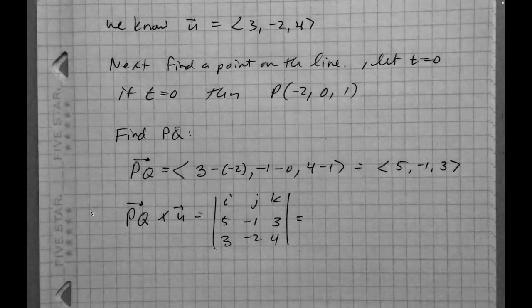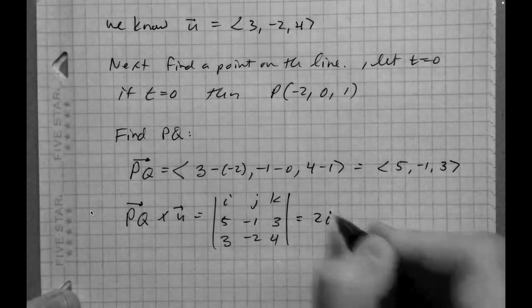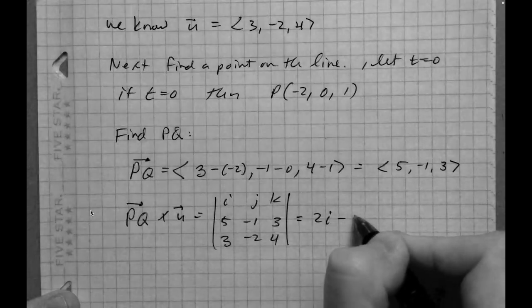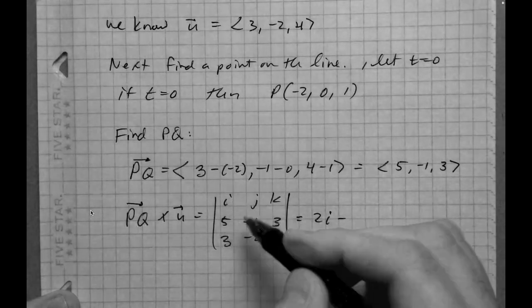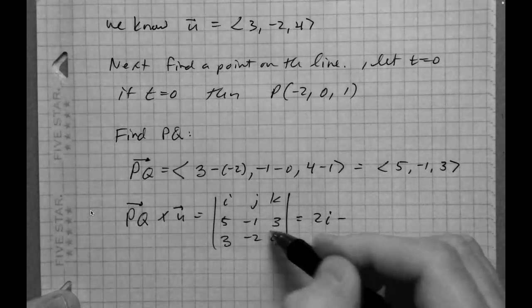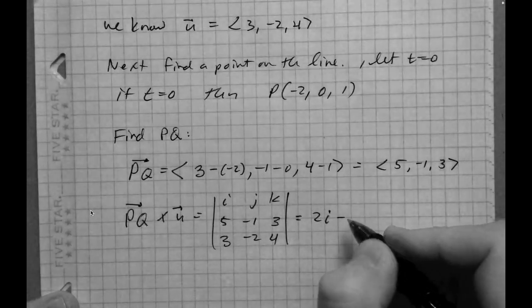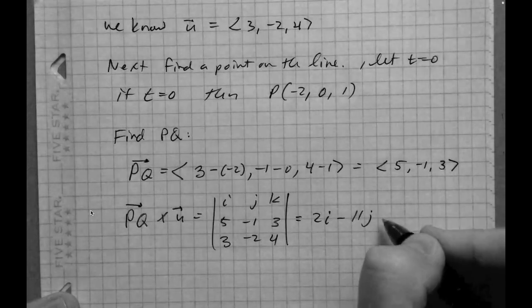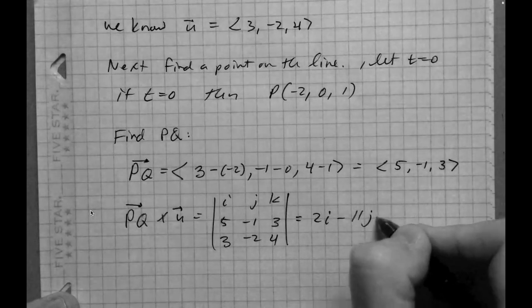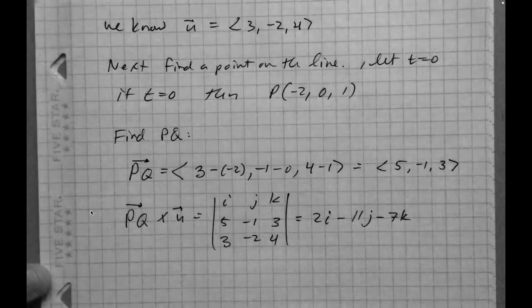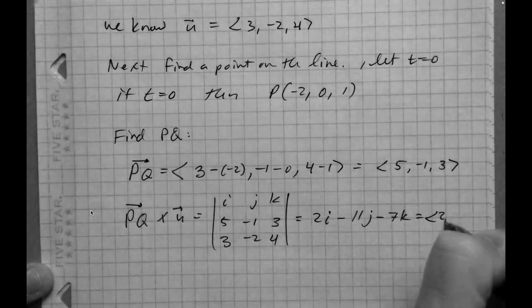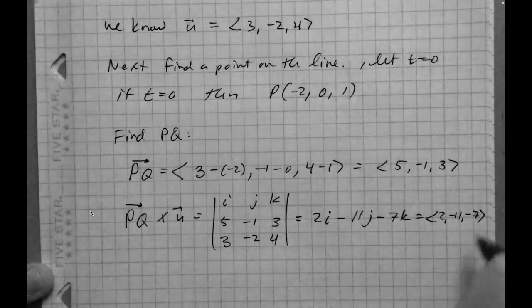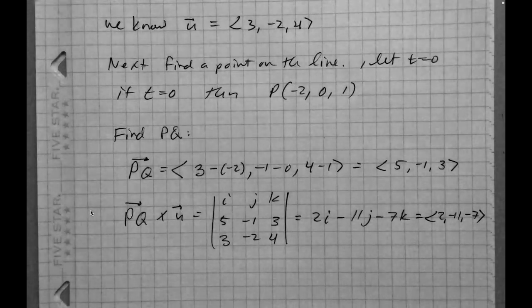We can do that pretty quickly, and we'll get 2i minus, then it's 5 times 4 is 20 minus 9, so 11j, and then minus 7k. We can write that as (2, -11, -7). You can also leave it in the ijk format if you like that.